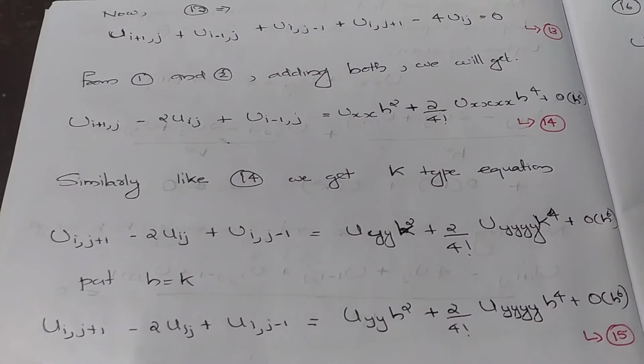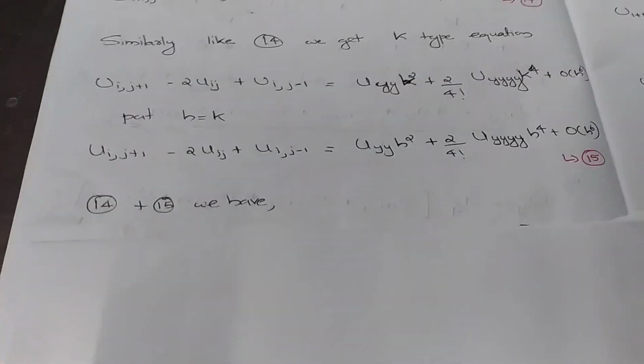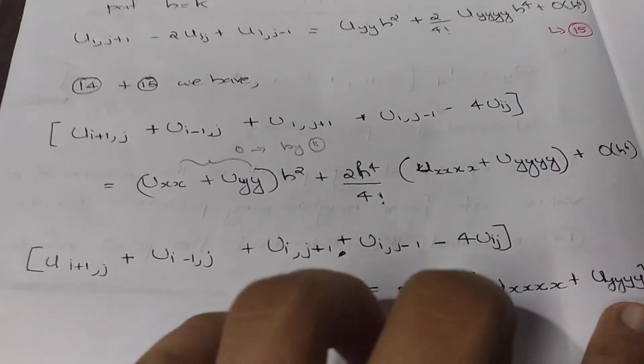Putting h is equal to k and neglecting higher order terms, we get equation number 15 as given below, where k square times r becomes h square times r, and k raised to 4 times r becomes h raised to 4 times r, etc. Adding equation number 14 and equation number 15, we get these equations.